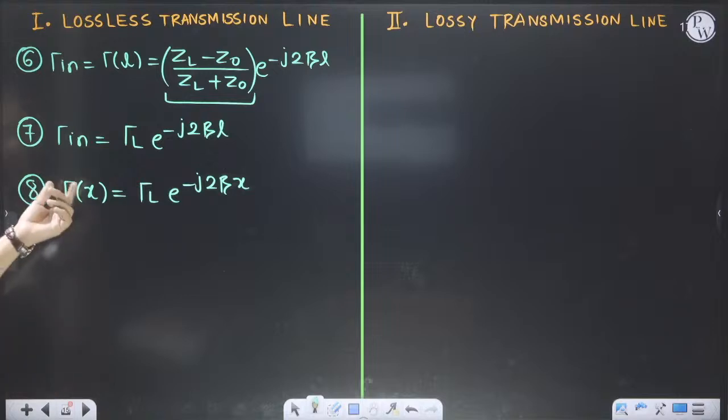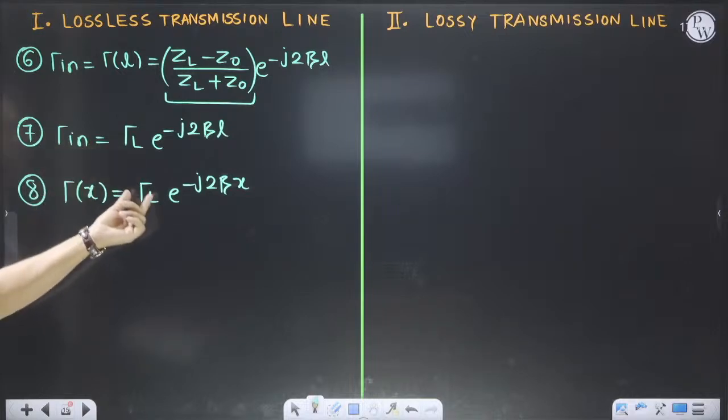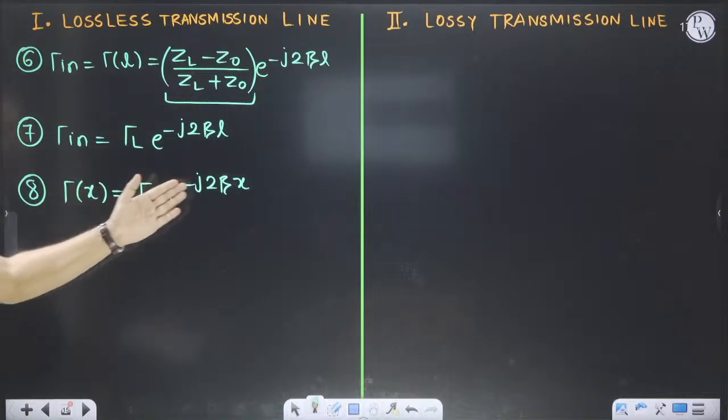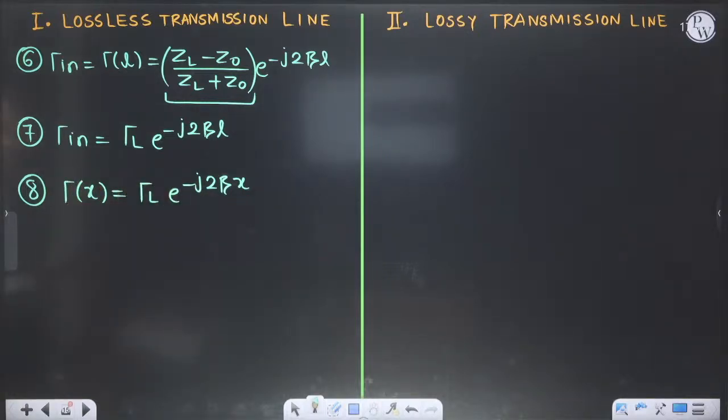If you are calculating at x is equal to L, it will be gamma in. If you are calculating at x is equal to 0, it will be the reflection coefficient at load. If you are calculating at a distance x from the load, it will be gamma L e to the power minus j 2 beta x.